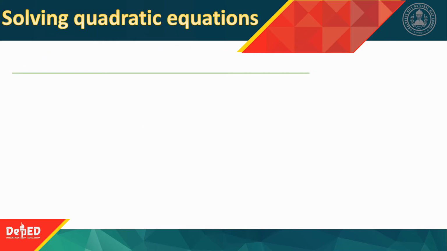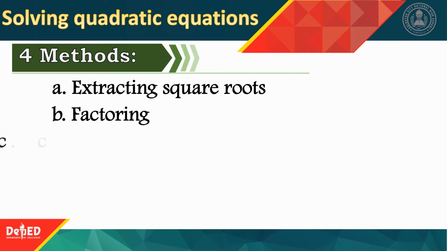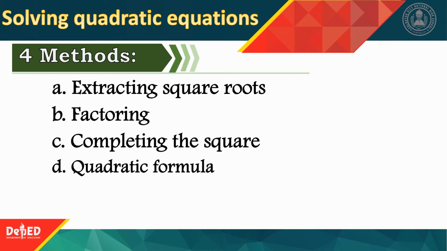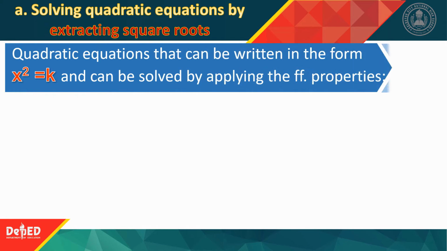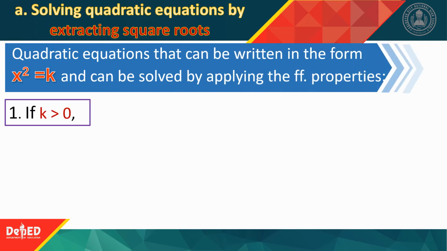We have 4 methods in solving quadratic equations: extracting square roots, factoring, completing the square, and using the quadratic formula. Solving quadratic equations by extracting square roots. Quadratic equations can be written in the form x squared is equal to k and can be solved by applying the following properties.